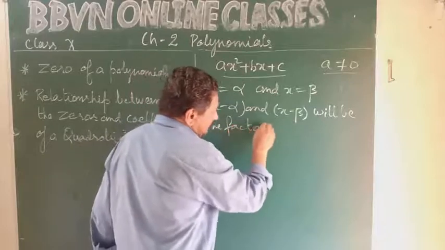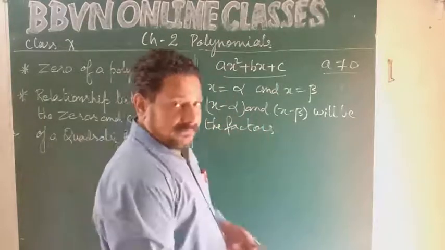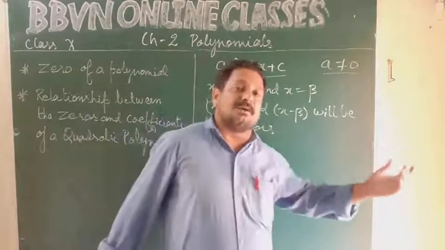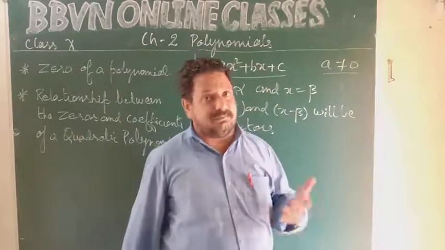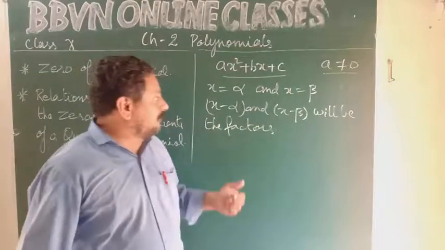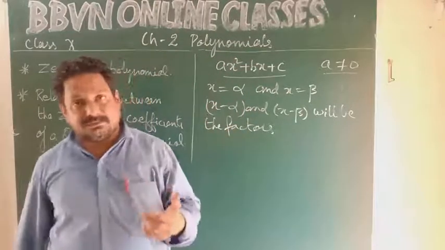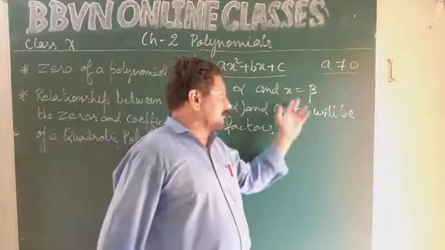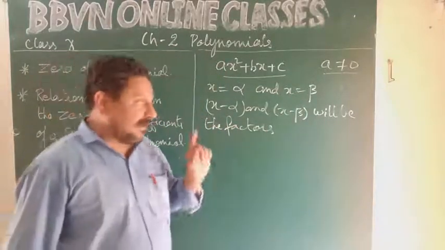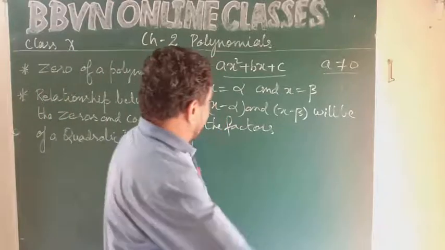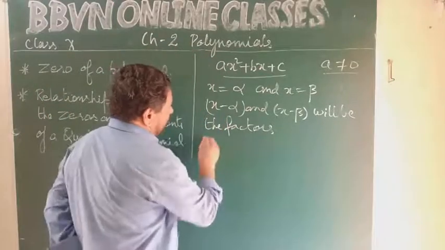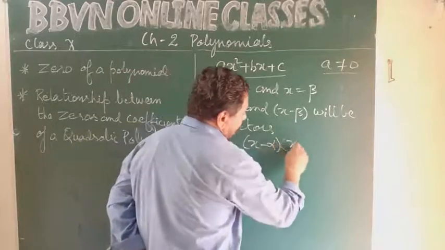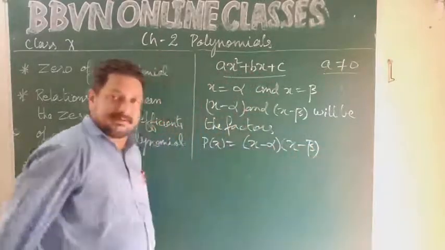Class 9, factor theorem, remainder theorem. If x equal to a is the zero of a polynomial, then x minus a will be a factor of the polynomial. So if x equal to alpha is the zero, take this alpha to the left side, x minus alpha will be a factor, x minus beta will be another factor. Quadratic polynomial, right? So the polynomial will become x minus alpha into x minus beta, right children?